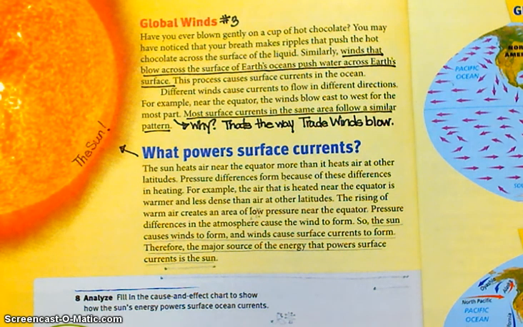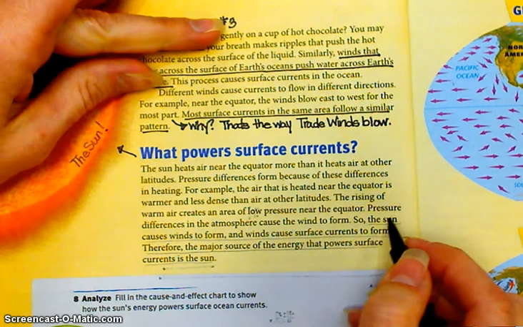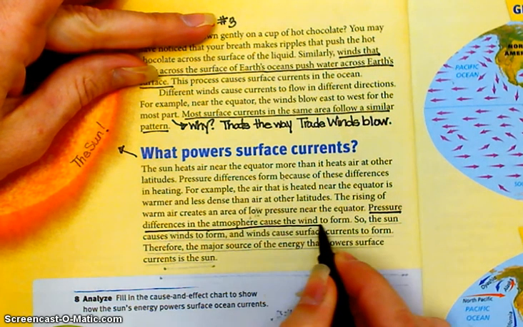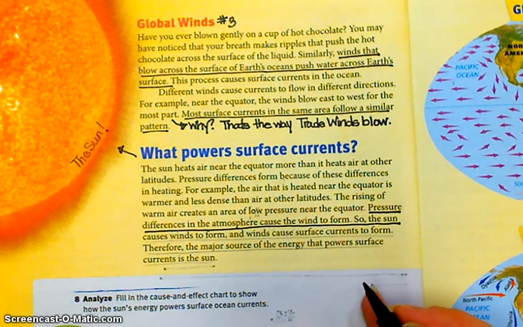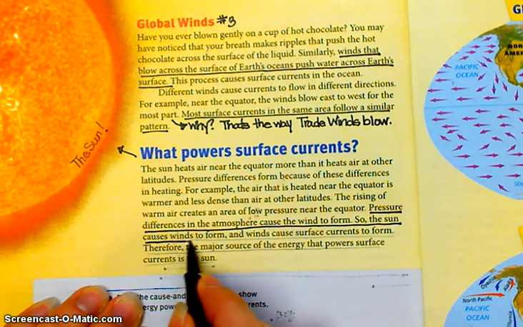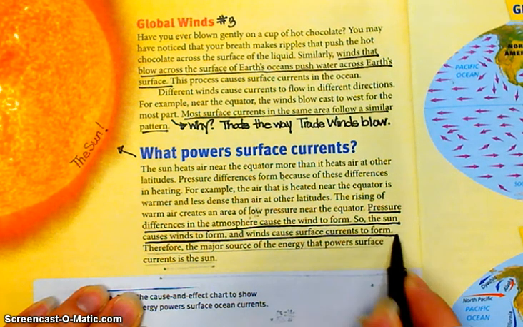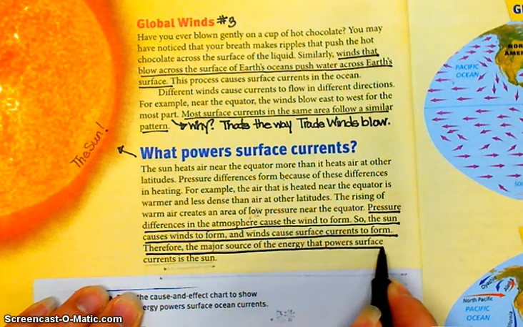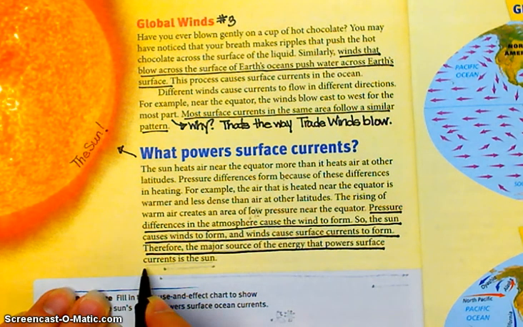And remember that pressure differences in the atmosphere cause wind to form because air is going to move from high pressure to low pressure. So the sun causes wind to form. Winds cause surface currents to form. Therefore, the major source of energy that powers surface currents is ultimately the sun.